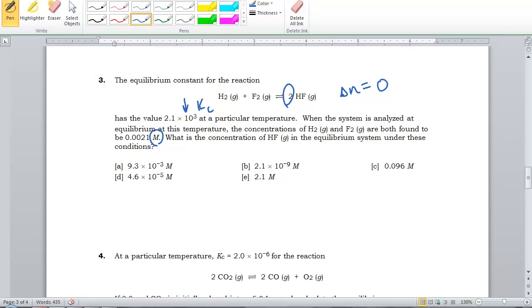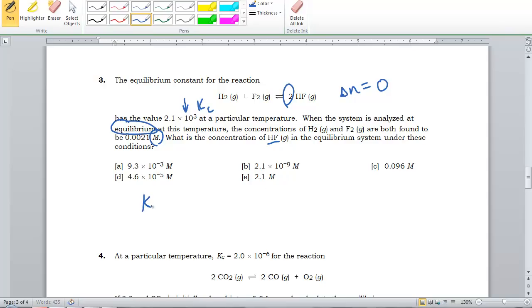So in this case, reading this carefully, it tells you you are at equilibrium. That's important. When it's analyzed at equilibrium, these are the concentrations of H2 and F2. What's the concentration of HF at equilibrium? All right, so this one looks pretty straightforward. In this case, we have the K value. We're solving for one concentration.